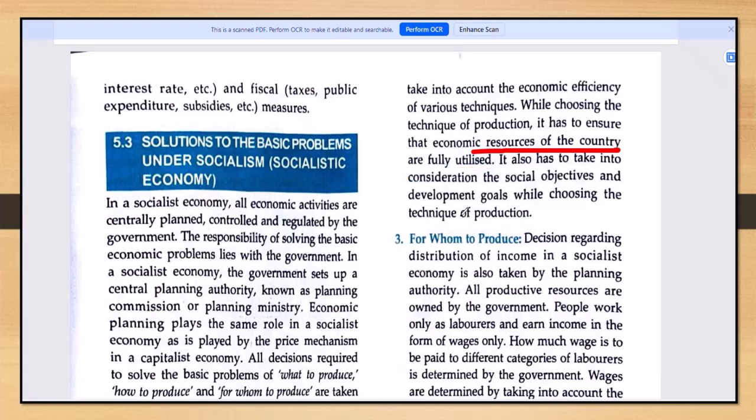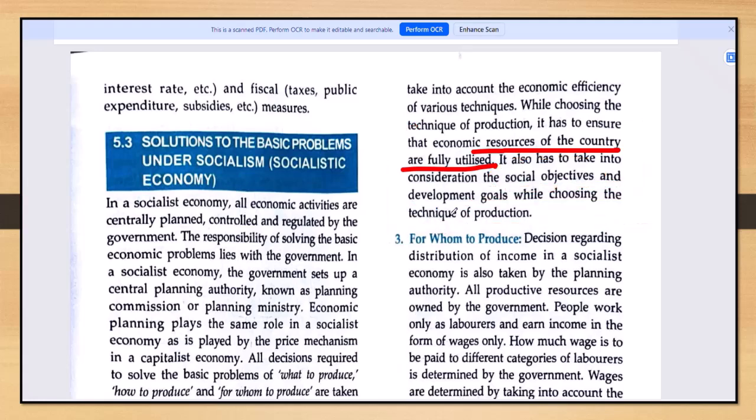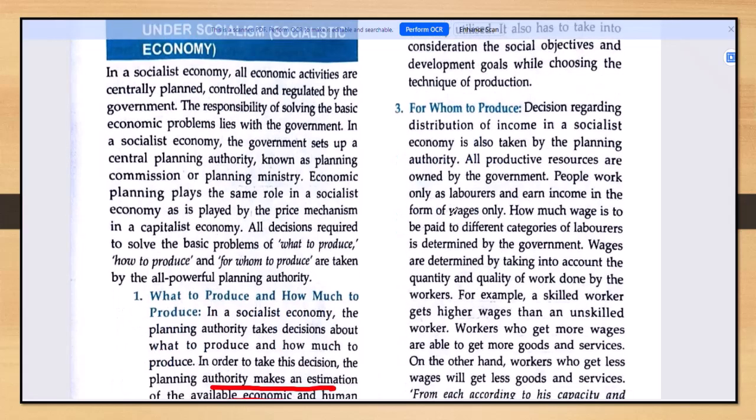That means none of the resources should be wasted or be idle. So this takes into consideration the social objectives and developmental goals while choosing the techniques of production. Social objectives, that means if the full utilization of the resources is done, more and more employment opportunities will be increasing, and more and more social welfare will also be increasing.